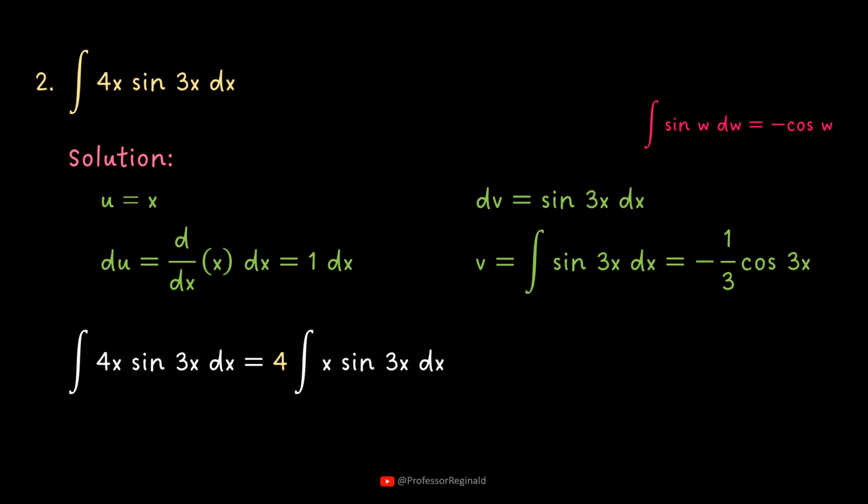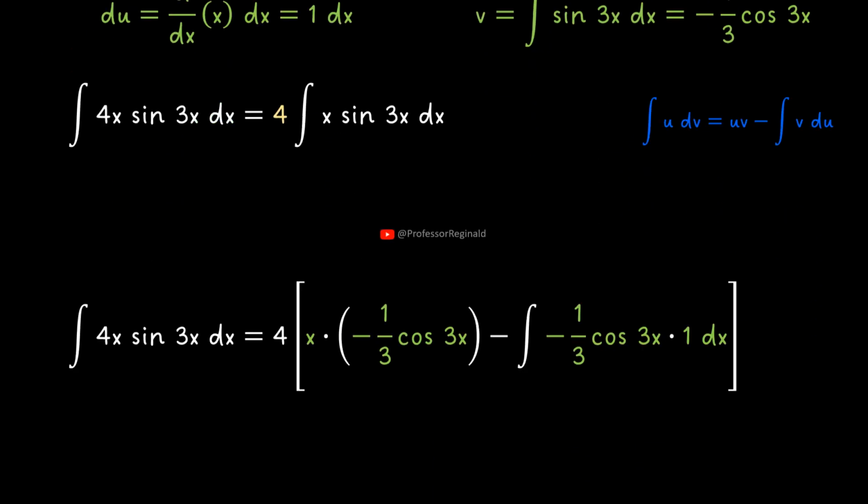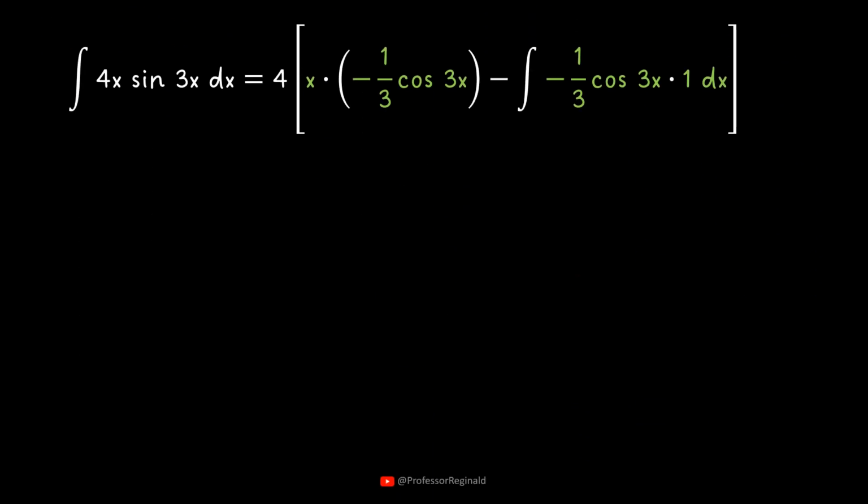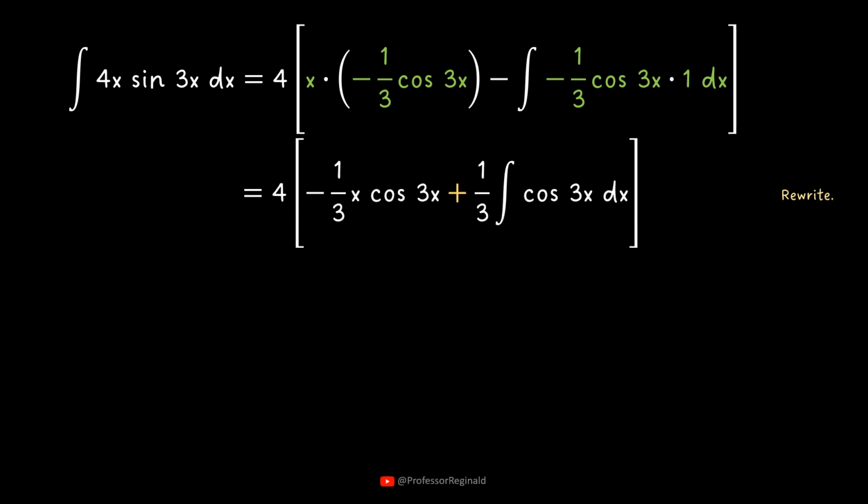Then follow the formula of integration by parts. Afterwards, rewrite the expressions for a cleaner look at the result. The original integral now consists of a product term and an integral which is simpler than the original integral. Integrate the remaining integral.